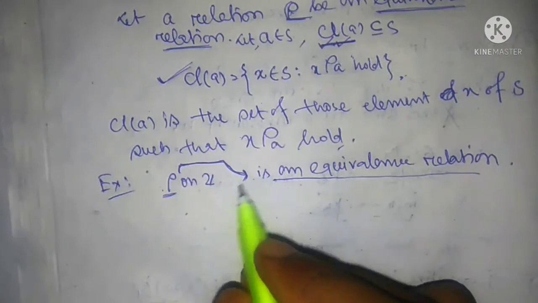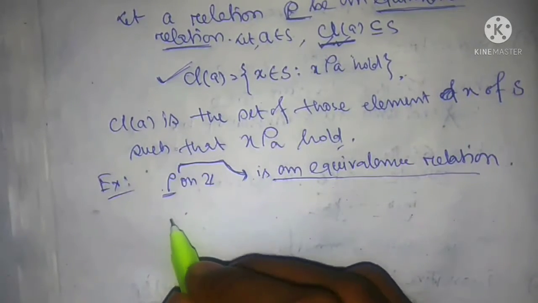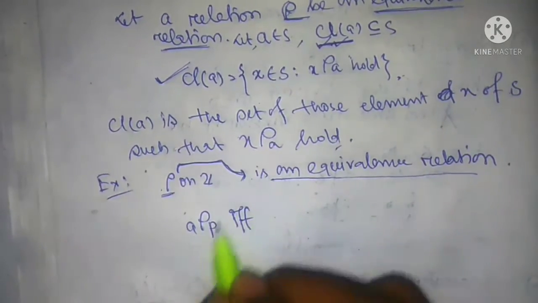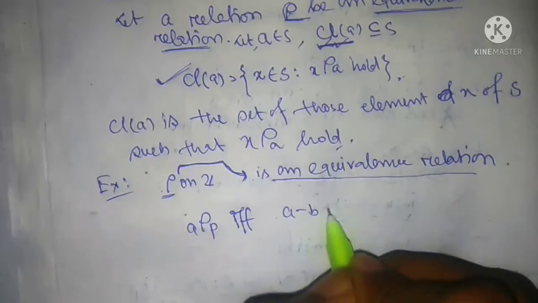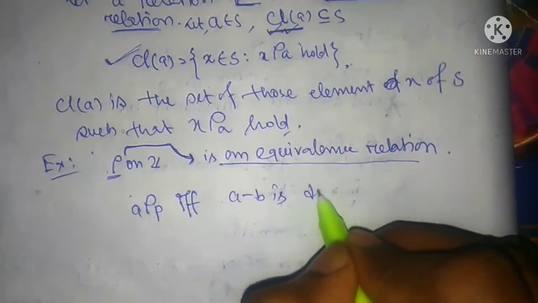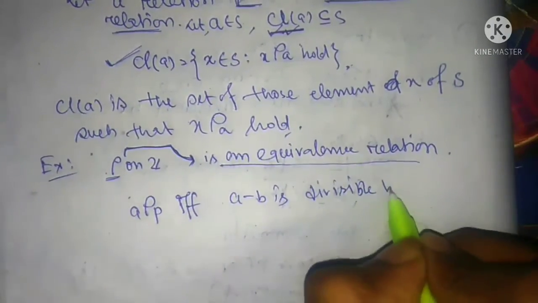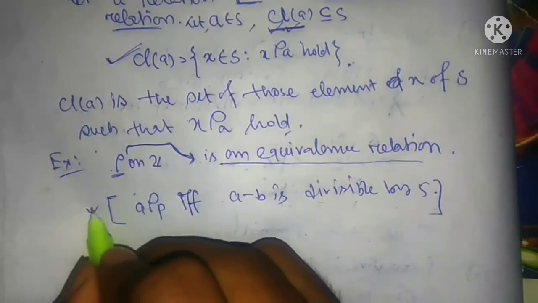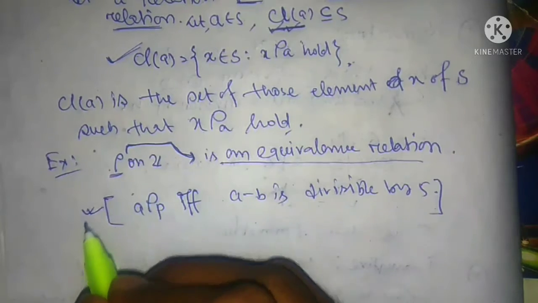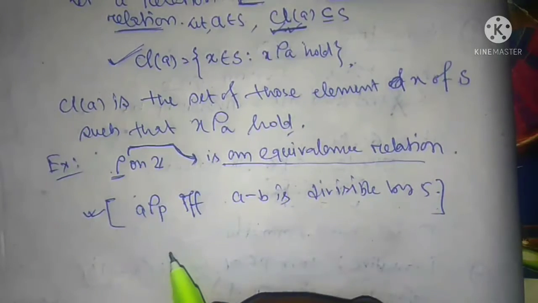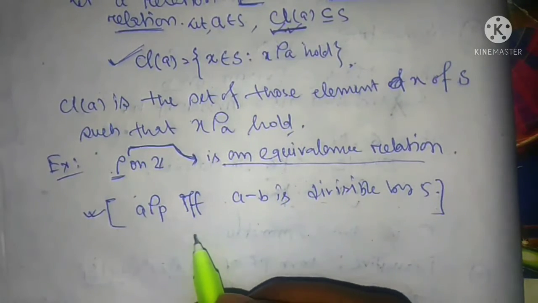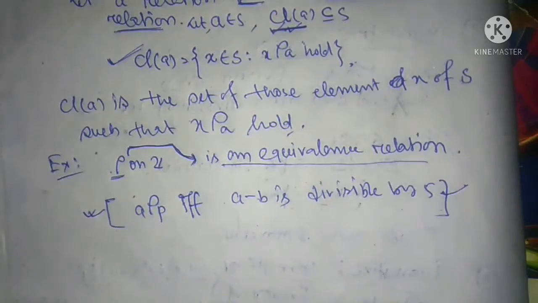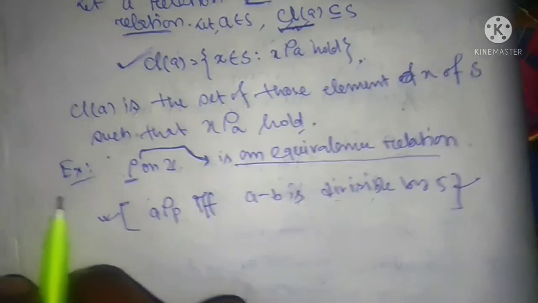So what is rho defined as? A related to B if and only if A minus B is divisible by 5. This is the example which I asked you to do yourself in the previous lecture. If you did not do it, you can check that this is an equivalence relation.